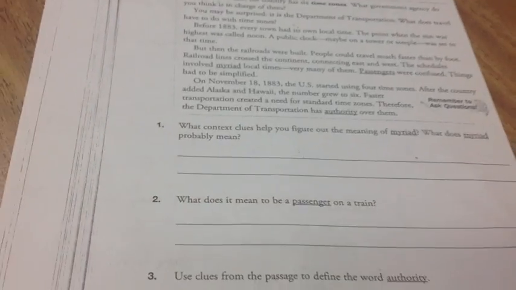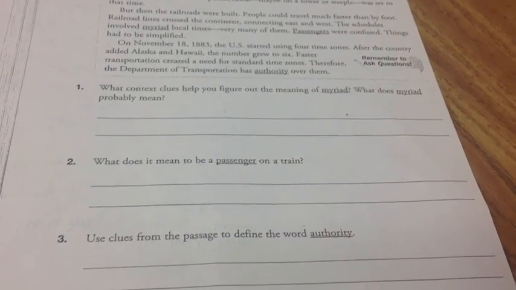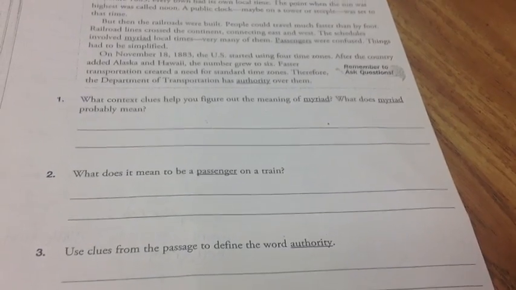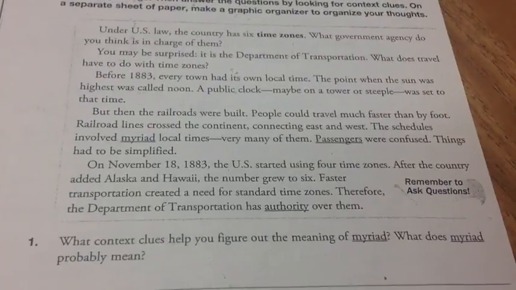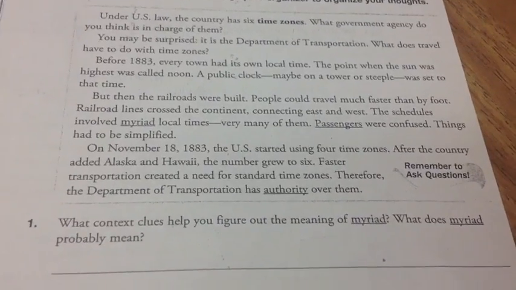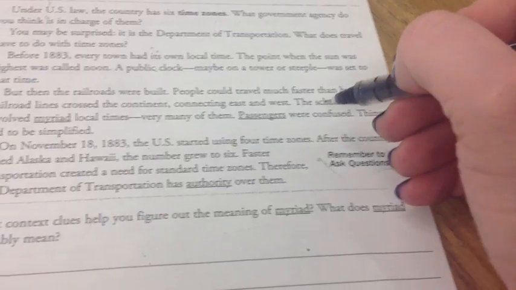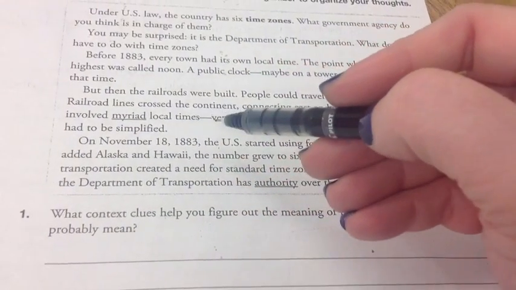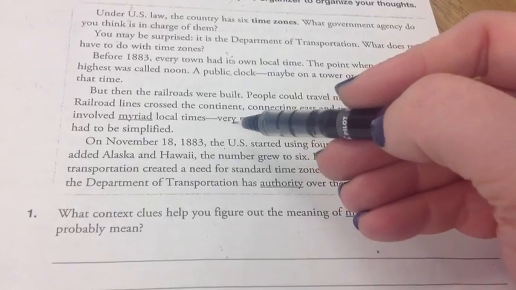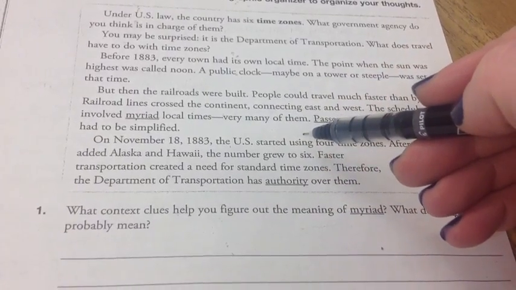All right, so let's look at number 1. What context clues help you figure out the meaning of myriad? What does myriad probably mean? Let's go ahead and look at our context clues and then figure out what the meaning is. I see this sentence right here. It says, the schedules involved myriad local times. Then it has a dash, very many of them.